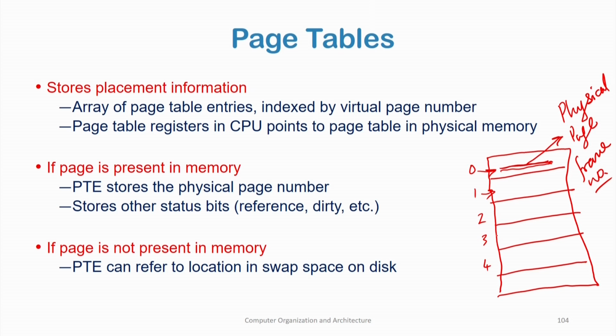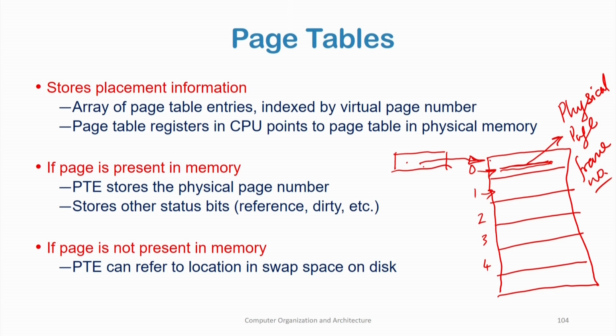Okay. The page table is an array indexed by virtual page number, and the page table register is a hardware register which contains the address of the start of the page table in physical memory.